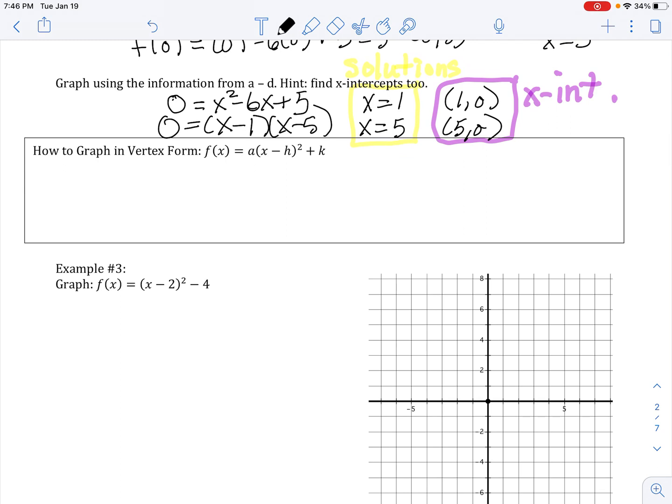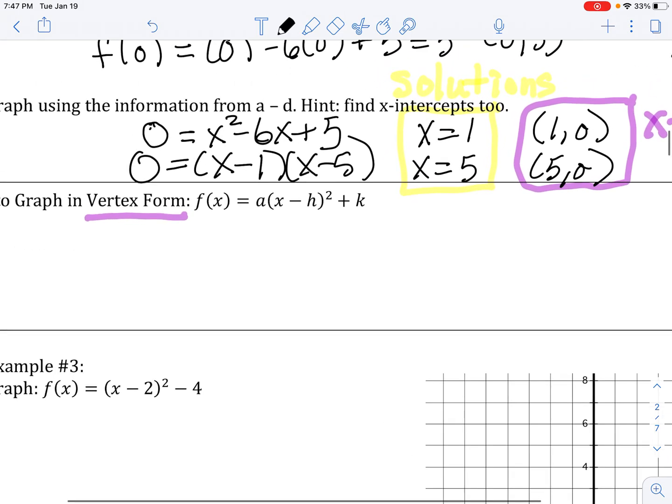The other type of graphing that we're going to learn is graphing in vertex form. Okay, vertex form is an entirely new form to you. f of x equals a(x minus h) squared plus k. This is a completely new form. The value of a is similar to the a in standard form.